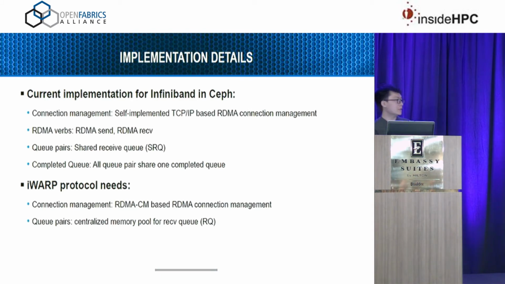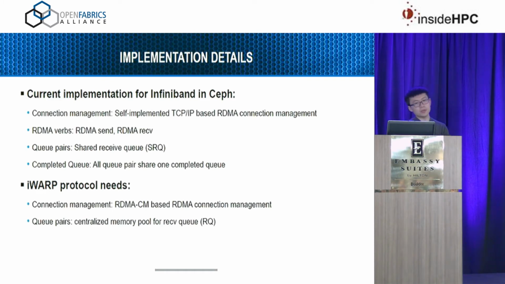The queue pair. The current RDMA implementation supports queue pairs that are associated with a shared receive queue, SRQ. Considering CPU utilization, all the queue pairs share one completion queue.